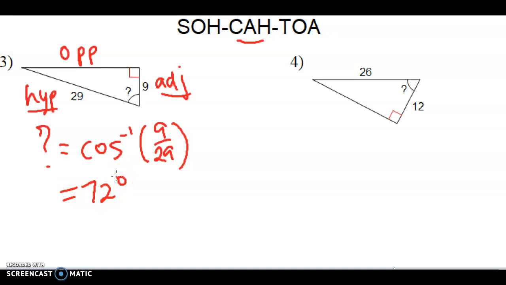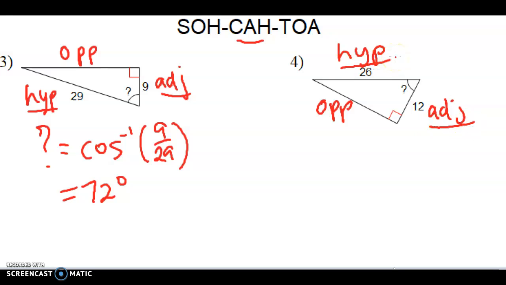And finally for question 4, when I think about what these are, I want to label my sides. I need to know if it's opposite, adjacent, or hypotenuse, so I always start there. So here's my opposite, hypotenuse, and adjacent. Now guys, I always do it in that exact order: opposite, hypotenuse, adjacent. It limits possible errors. So I have adjacent and I have hypotenuse.